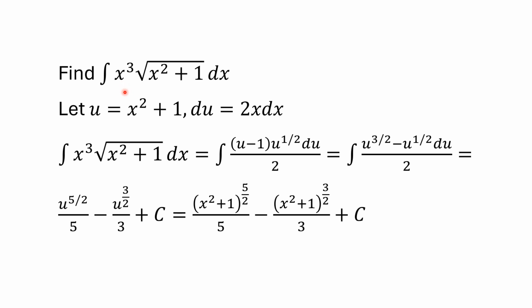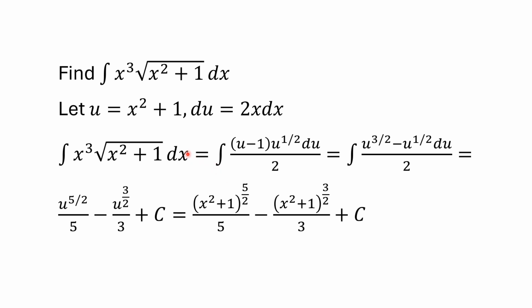du. Well, it's there, but it's hidden. This x cubed is part of du, the x part. So if I let u be x squared plus 1, du is 2x dx.